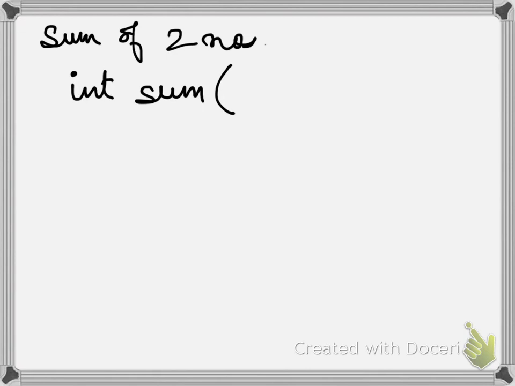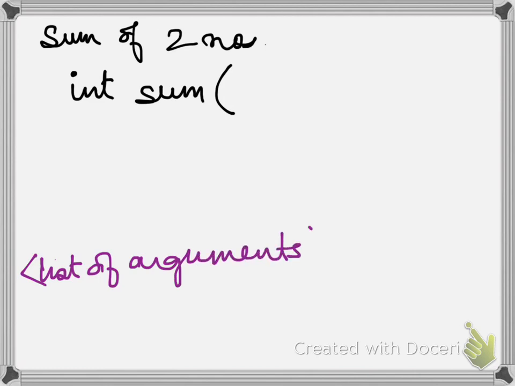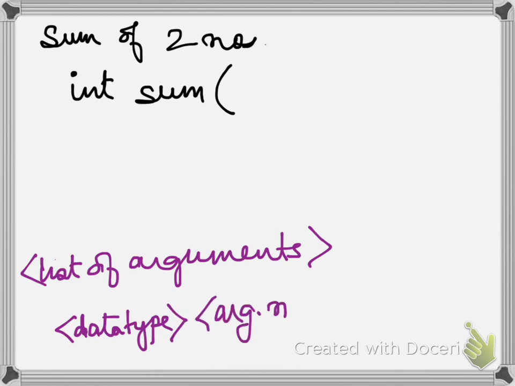Then parenthesis. Here now I have to give the list of arguments. The list of arguments comes in this format: data type, argument name, followed by a comma.